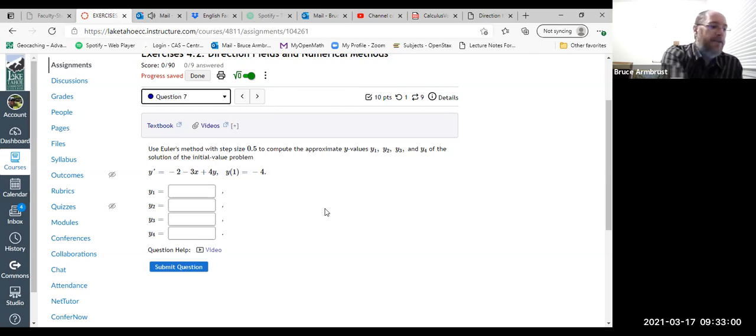We're given the differential equation. So we have y prime equals -2 minus 3x plus 4y, and then we have an initial condition of y of 1 equals -4. All right, so let's go to the whiteboard and let's actually work this out. All right, now we're not going to graph it right away.